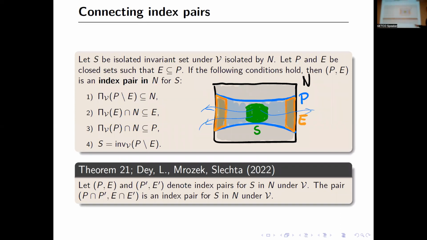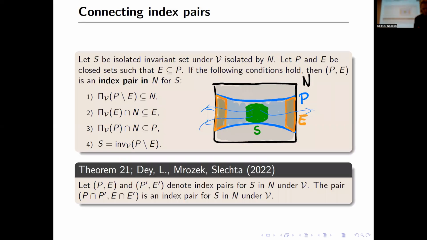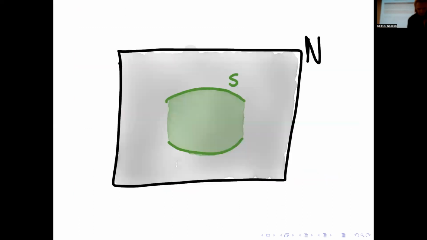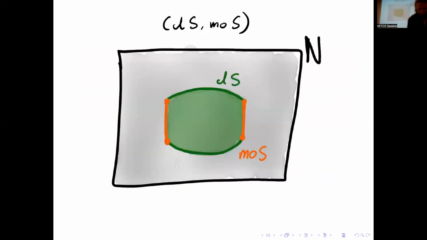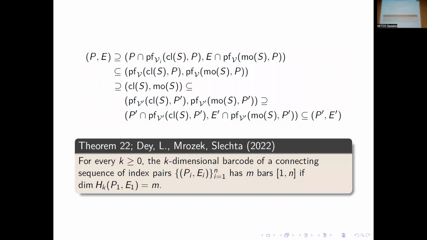In order to explain what is going on here, I would have to introduce this concept of index pair in isolating set N. Maybe I will just skip that. The point is that this sequence of inclusions in general induces a sequence of isomorphisms.